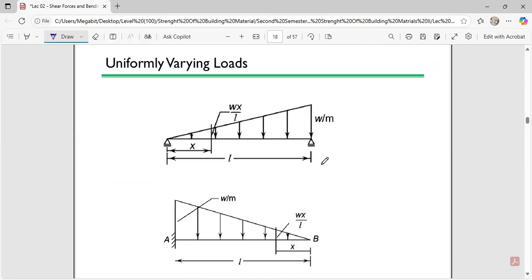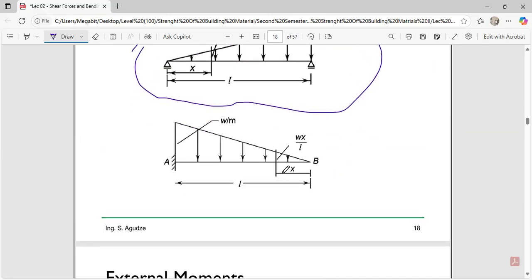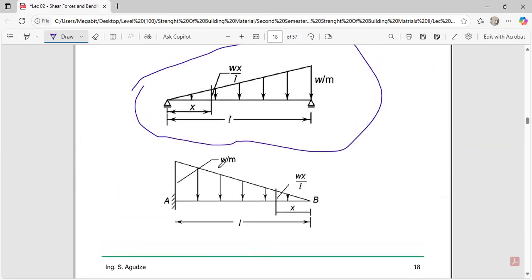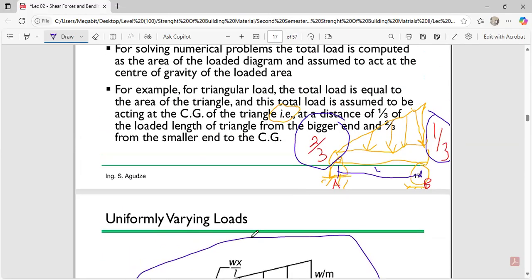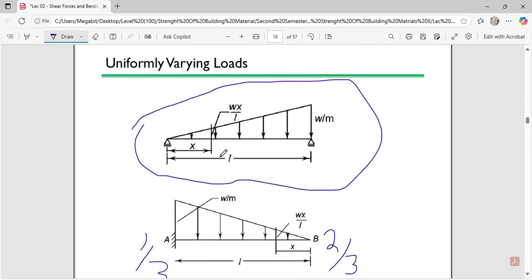Without talking much, this is how the uniformly varying load looks like. And I said this smaller end is the 2/3, and the bigger end is the 1/3. As we have discussed over here earlier, they say at a distance of 1/3 of the loaded length of the triangle from the bigger end and 2/3 from the smaller end of the center of gravity.